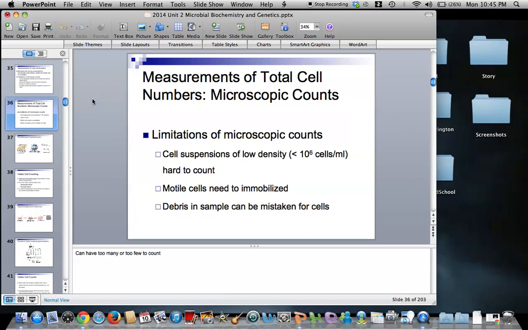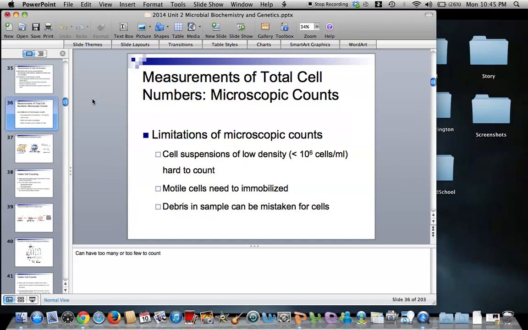So more limitations. So cell suspension of low density, CMD. Cells can be suspended at low concentrations. Motile cells need to be immobilized. I'm going to go with just CMD.